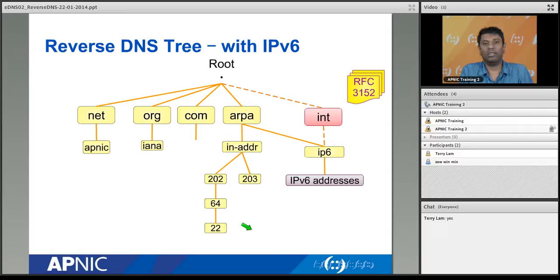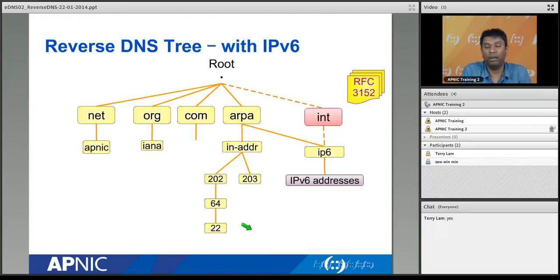So now IPv6 went under ARPA to create the infrastructure level DNS tree for IPv6. Under IPv6, DNS delegation works on every hex digit.